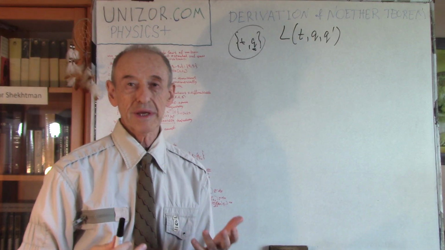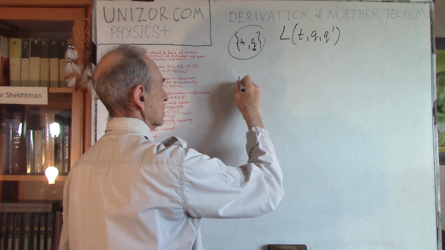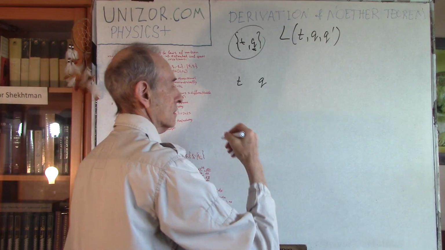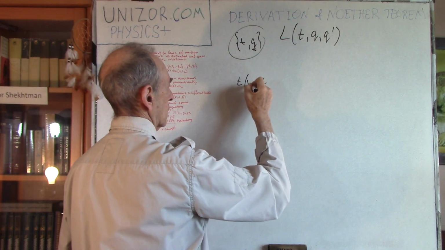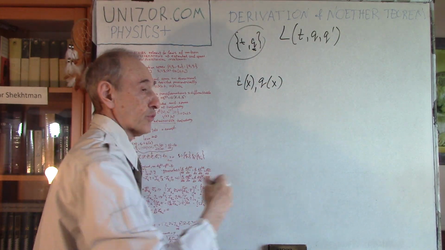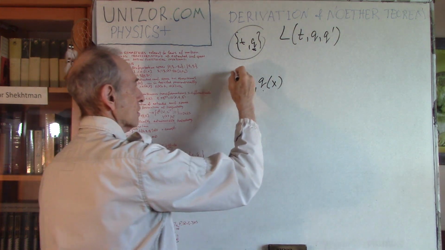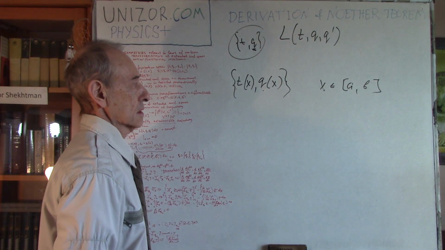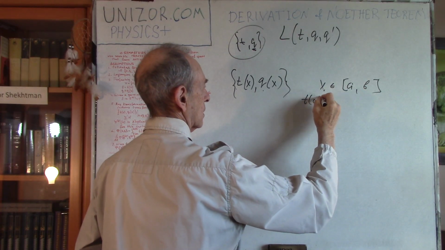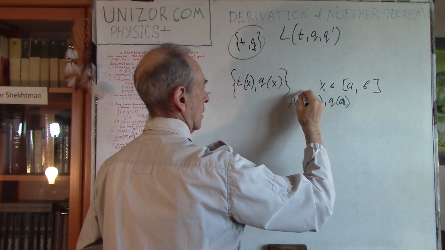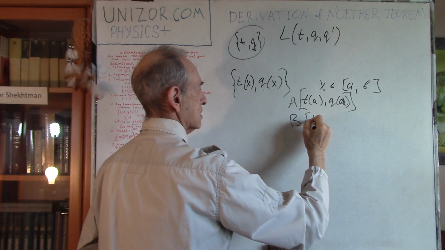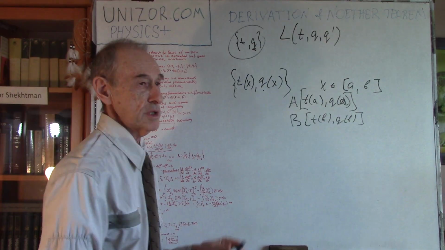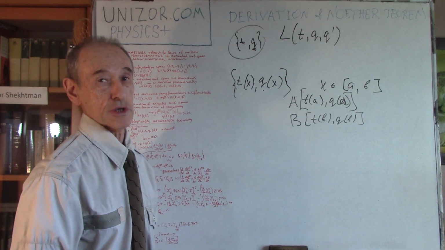Well, usually it's represented parametrically, which means if you have coordinates, let's say t, which is the time coordinate, and n coordinates, q1, etc., qn, then we can introduce some kind of a parameter, x, and from this parameter, position t and q depend. So x belongs, let's say, from A to B. The position in the beginning is t of A, q of A. The position at the end of the motion is t of B, q of B. And in between A and B, you have this trajectory in n+1 dimensional space.